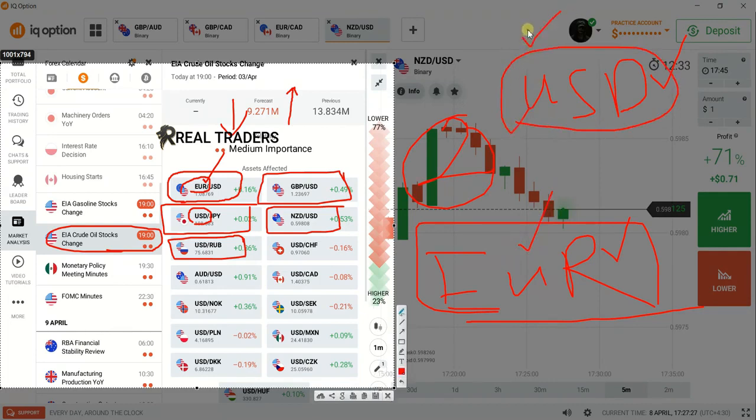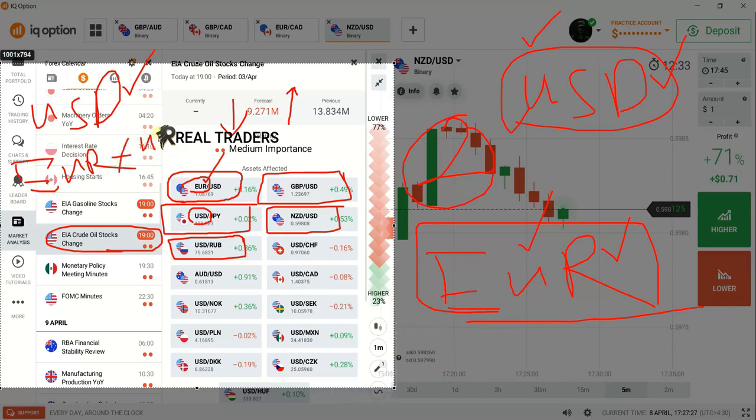Okay, so this is the point, and it is important when you have news in the USD and also in the Euro. If you want to trade on the USD news, don't open the Euro USD, because the Euro news will affect also the USD news.